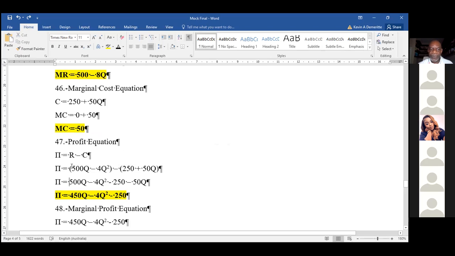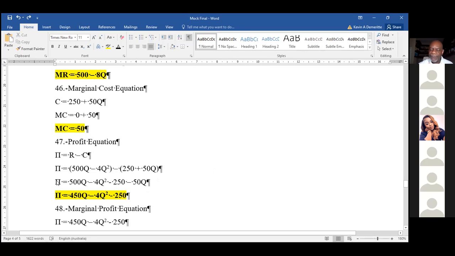So to remove the brackets, 500Q minus 4Q squared. Now this negative sign says that everything after it is going to change its sign to its opposite value. So this plus 250 now becomes minus 250. This plus 50Q now becomes minus 50Q. And again, you cannot leave it like this.